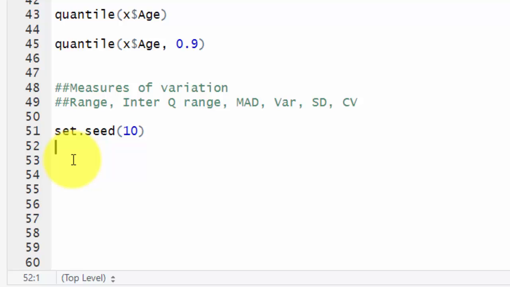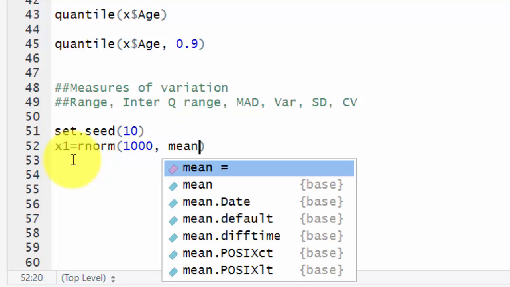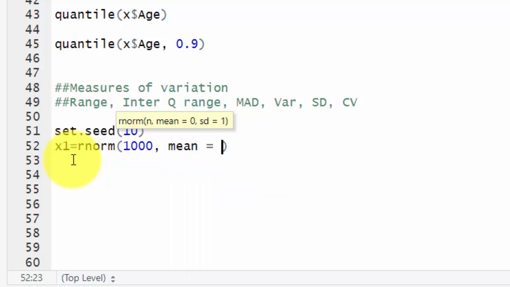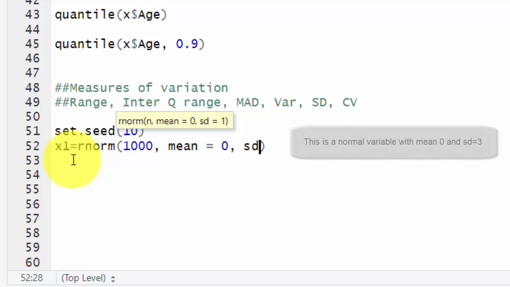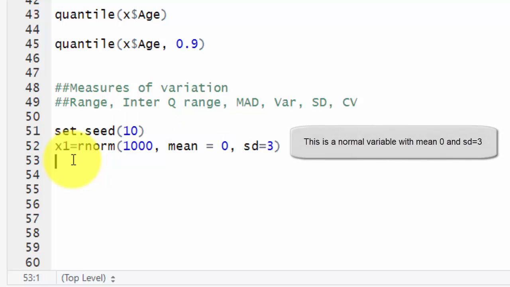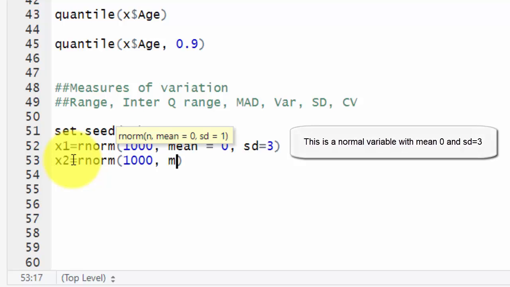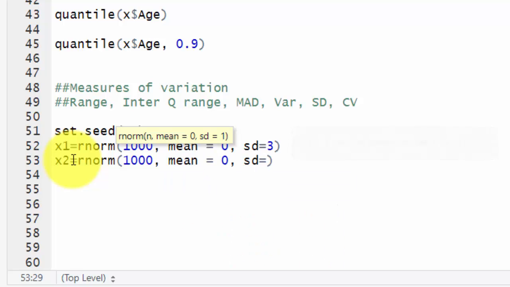The first variable, I call it x1, is rnorm. I use 1000 observations with the mean 0 and standard deviation of 3. And the second one, I call x2, rnorm. Again, 1000 observations, mean 0, standard deviation is equal to 5.